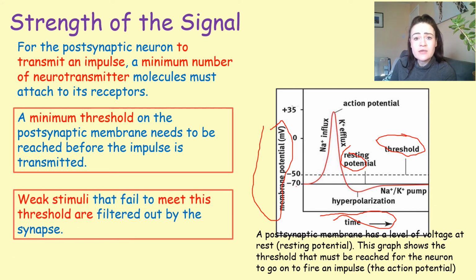If there's a weak stimulus, so not enough neurotransmitters, and we fail to meet this minimum threshold, then those neurotransmitters are just filtered out by the synapse, okay? They just disappear. And of course, nothing happens, no impulse travels down the postsynaptic neuron.